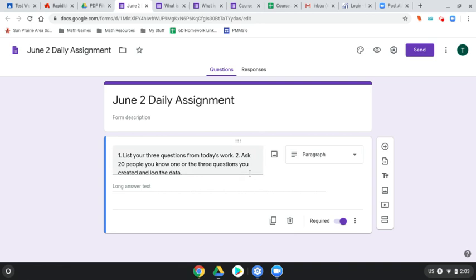And then I want you to find 20 people, whether it's people in your house, neighbors, grandmas and grandpas, or friends that you connect with via social media. Pick one of your questions and ask 20 people, and then you're going to create a table with that. Tomorrow I'll show you what that looks like, and we'll compare it, and we'll move on to the next step.